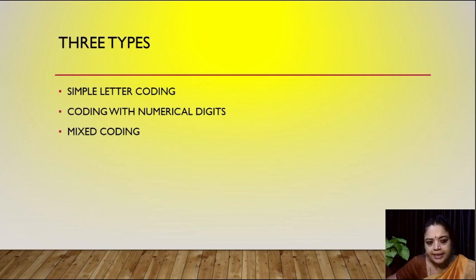In the second part, coding with numerical digits, you will be given letters which are coded in terms of numerical values, and once you have those numerical values, you may need to decode another word. In mixed coding, we will have a mix of letters as well as numerical digits. So let us see each of these types using previous year question paper problems.